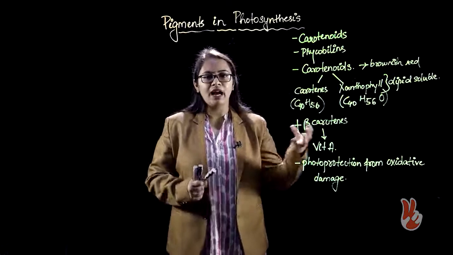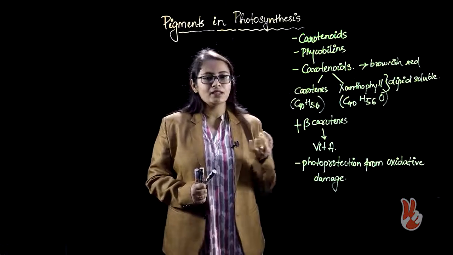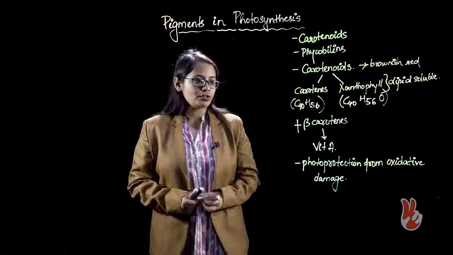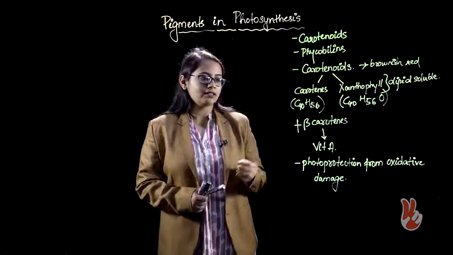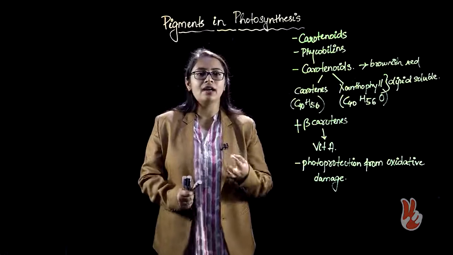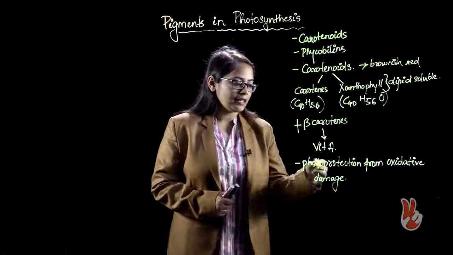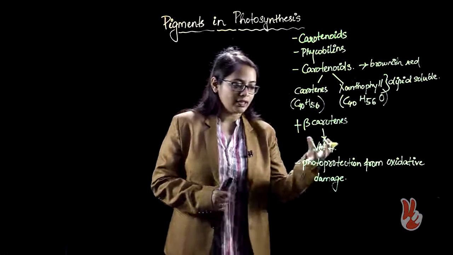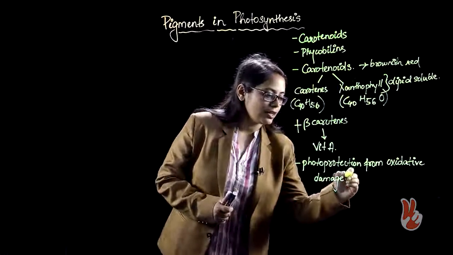Sometimes due to very high energy, the plant cells are very prone to damage. So what the carotenoids do is that they act as an energy scavenger or energy quencher, and they damp down this high energy.